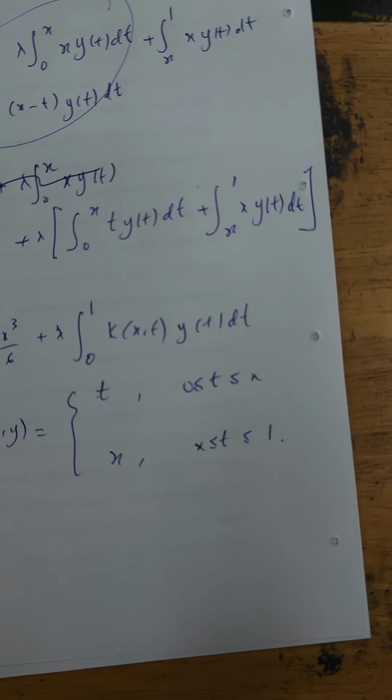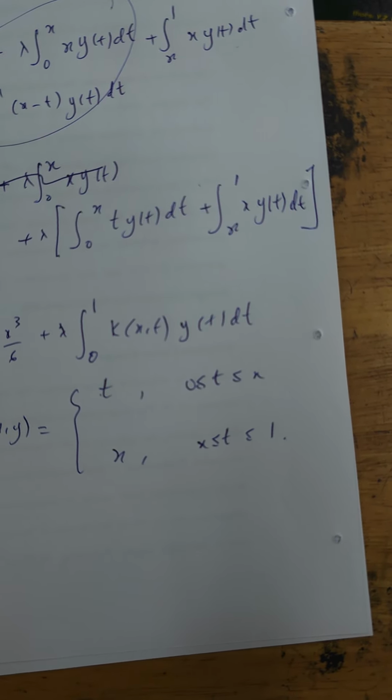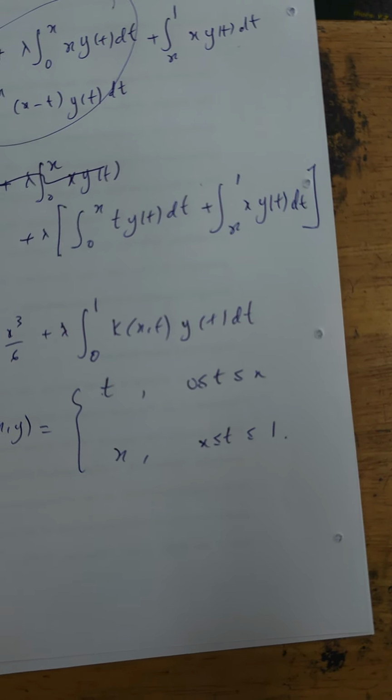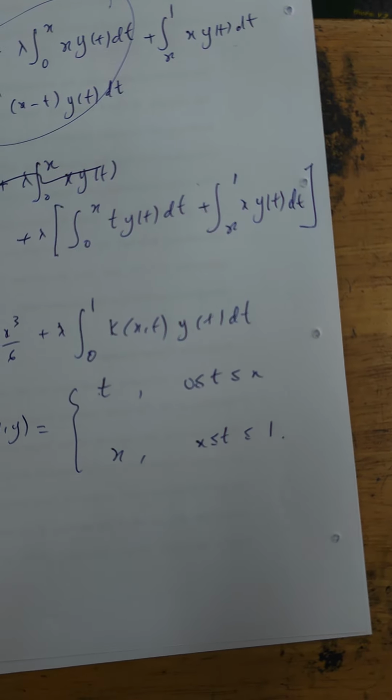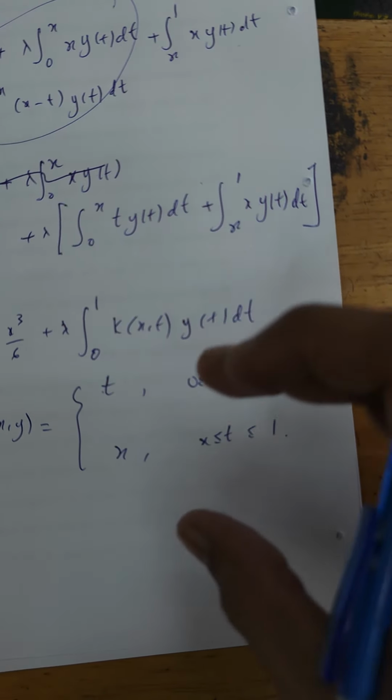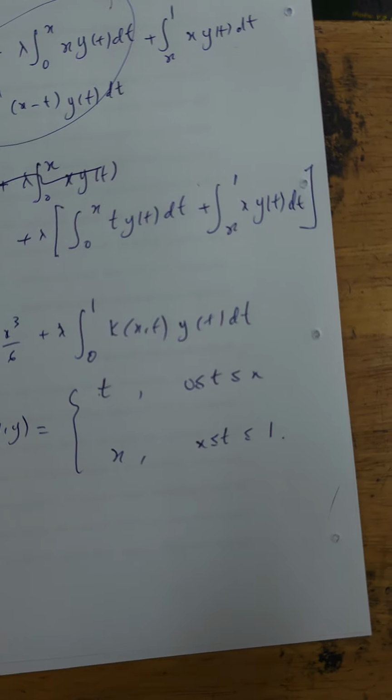Okay, now from there we try to recover the original boundary value problem from this equation. So we do two ways in this example.